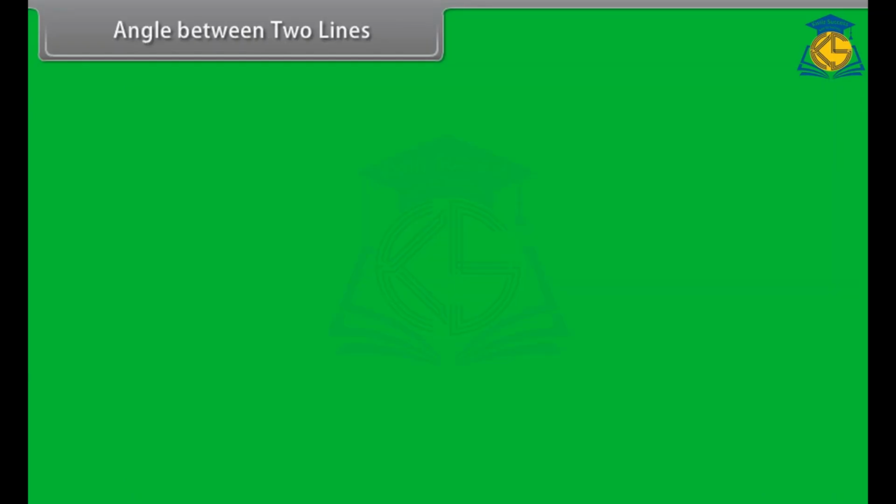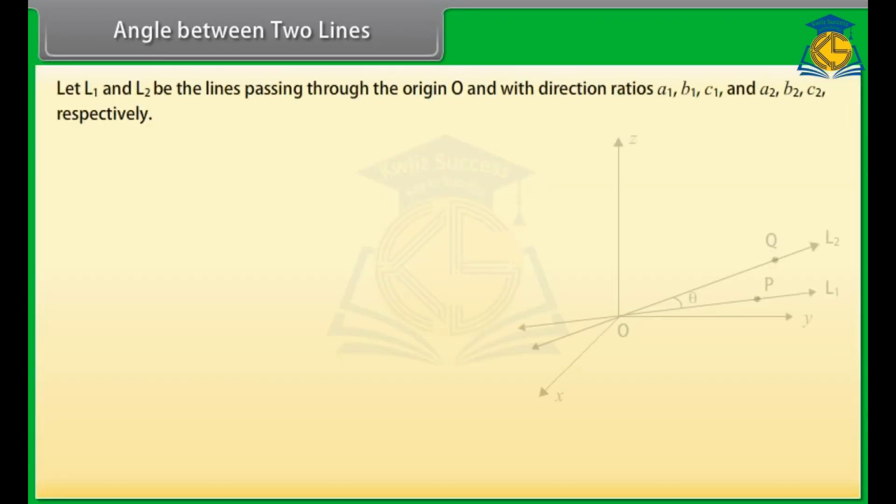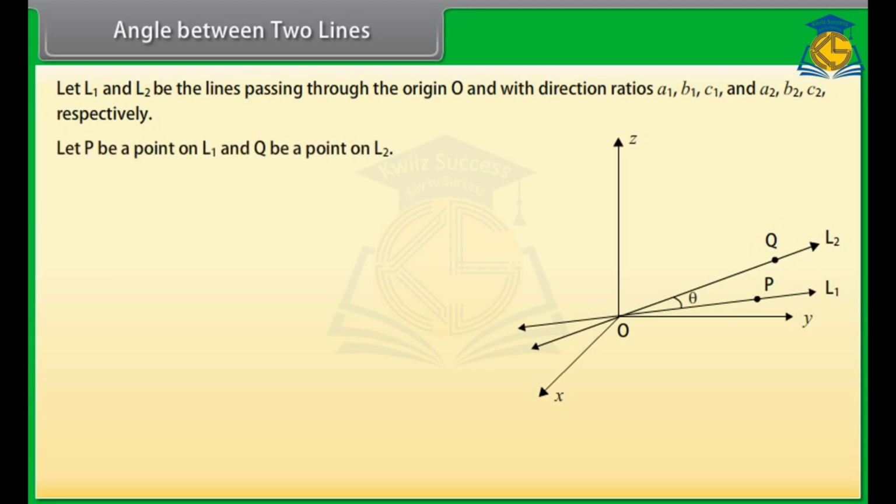Angle between two lines. Let L1 and L2 be the lines passing through the origin O and with direction ratios a1, b1, c1 and a2, b2, c2 respectively. Let P be a point on L1 and Q be a point on L2. Then there are two directed lines, OP and OQ.